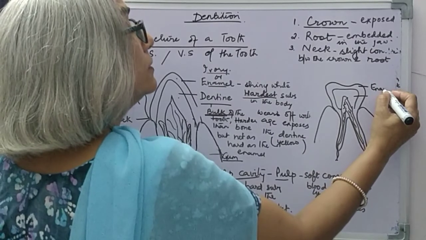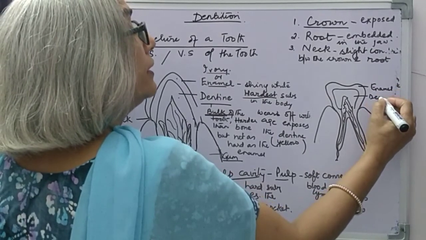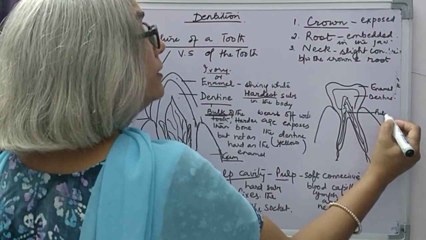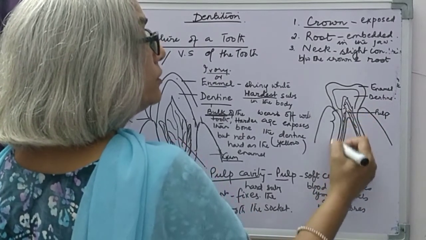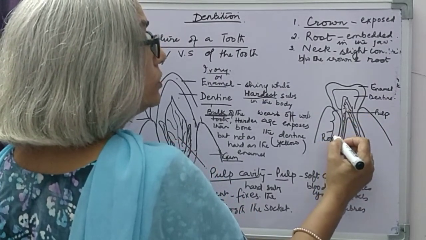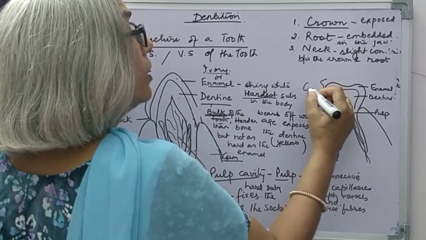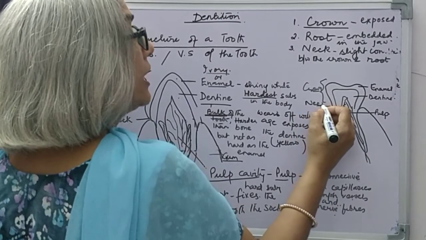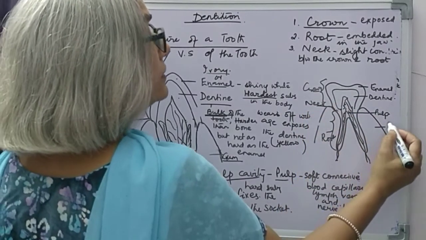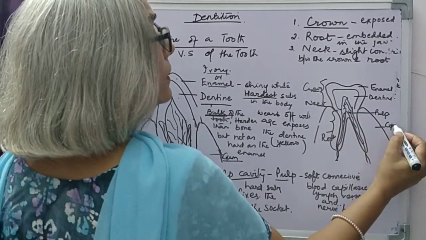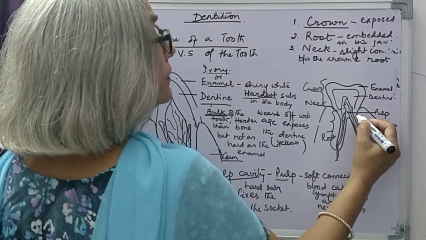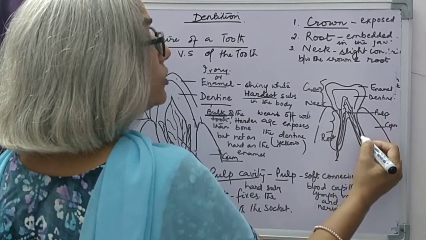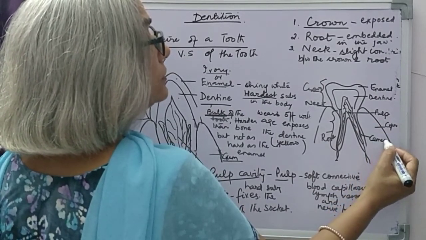This is the dentine. This is the pulp cavity. This portion is the root. This is the crown. And this slight constriction is the neck. And this is the gum. And here the tooth is bound in its socket by the cement.